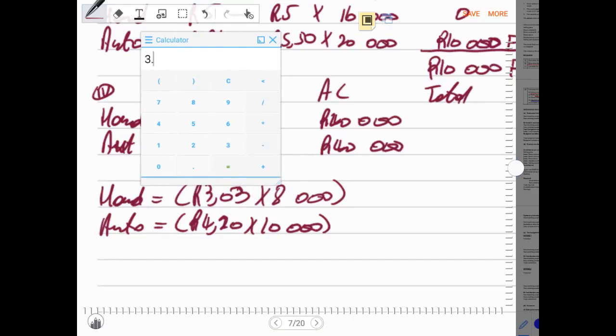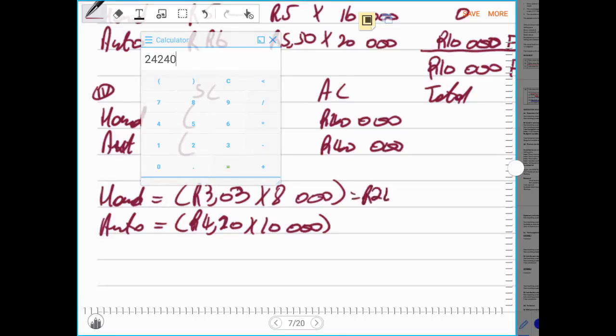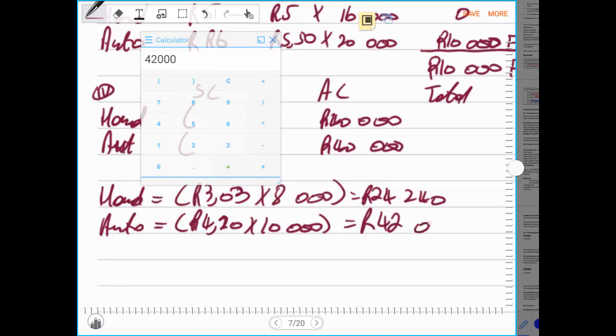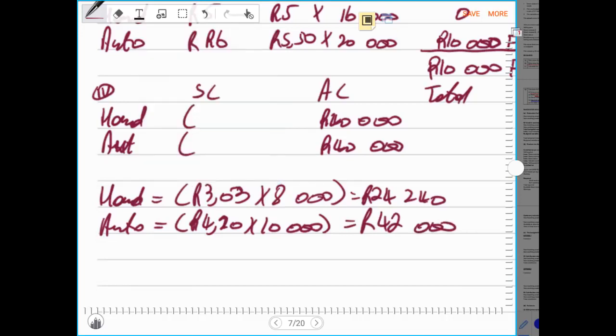So 3 rand 3 cents times 8,000 gives me a total of 24,240. Then I say my standard cost per unit was 4 rand 20, times the actual production of 10,000 units. Therefore, I'll have 42,000 of standard cost.